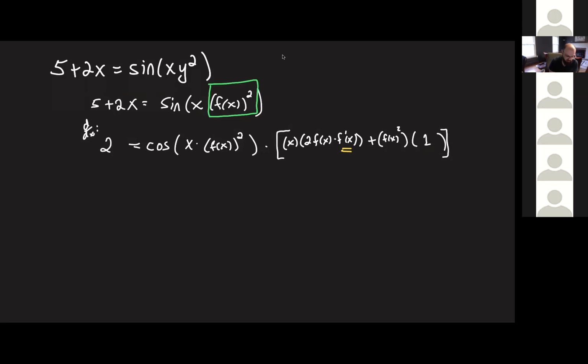I think it's going to be easier to follow that way. So we're going to get 2 cosine xy squared times, and then over here we'll get 2xy times y prime plus y squared.